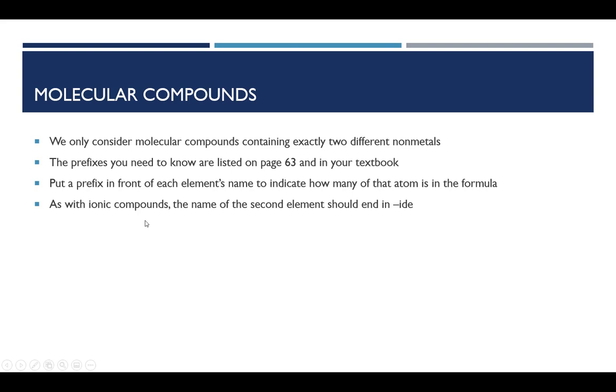And then, as with ionic compounds, you're still going to change the ending of the second element to "ide," I-D-E. That doesn't mean it's an ion. This is just a naming convention. It turns out we do not use the prefix mono in front of the first element. So that means that you will never begin a name with mono, but mono might appear in the middle of the name in front of the second element.